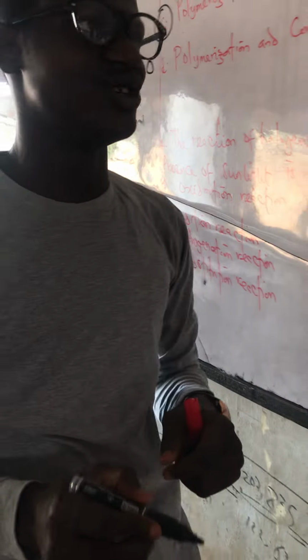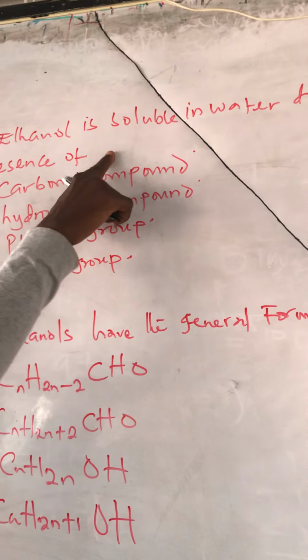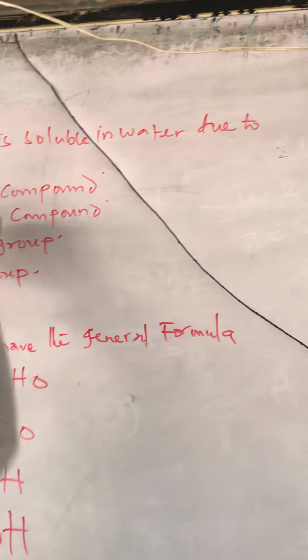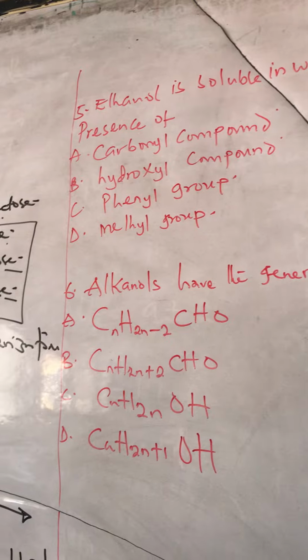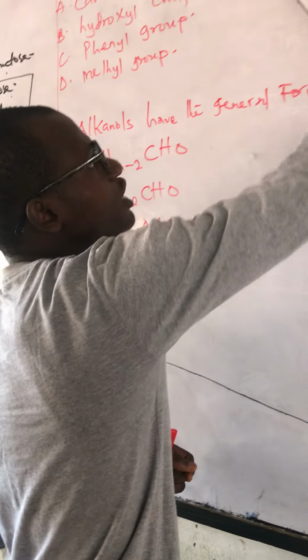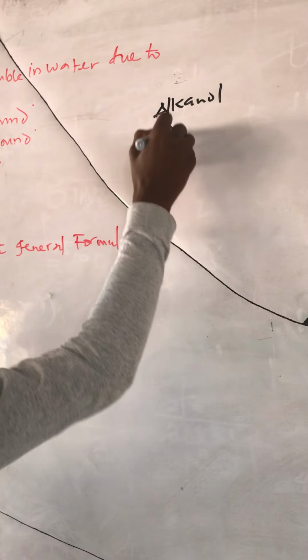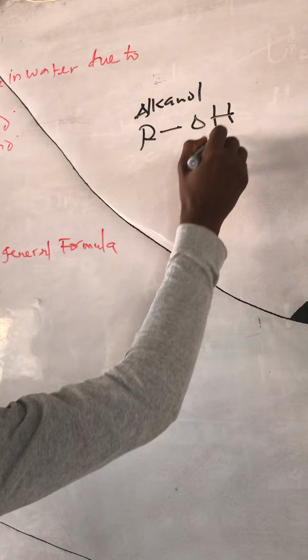Substitution reaction. Now, question 5. Ethanol is soluble in water due to the presence of what? We have talked of this in our first question. Ethanol belongs to the family of the alkanol. And what do the alkanols have? We have ROH.